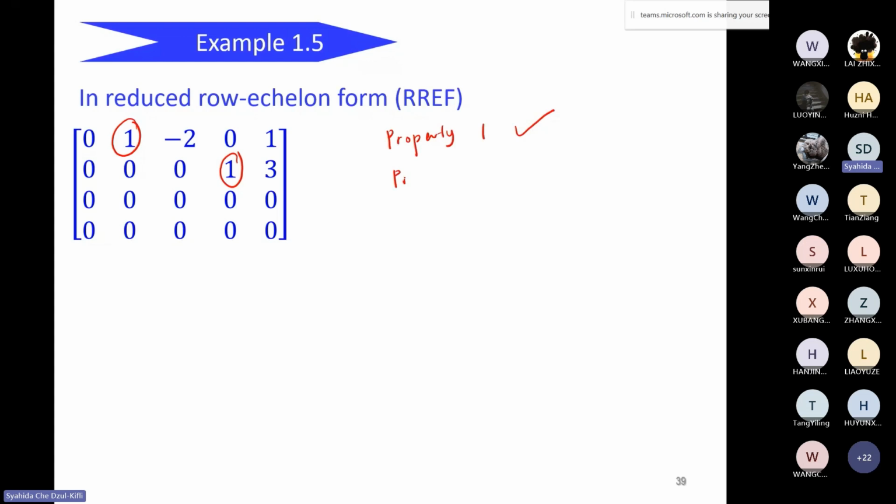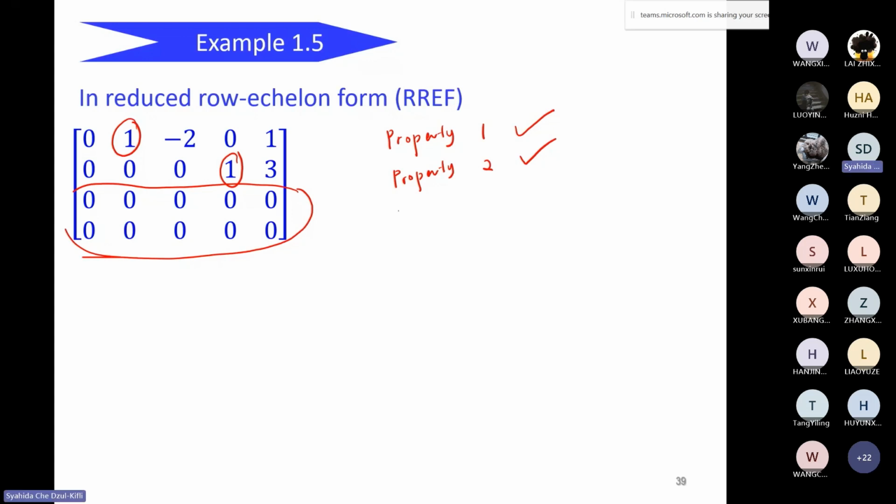What about property 2? All rows with entirely zeros must be grouped at the bottom, right? So property 2 is also satisfied.